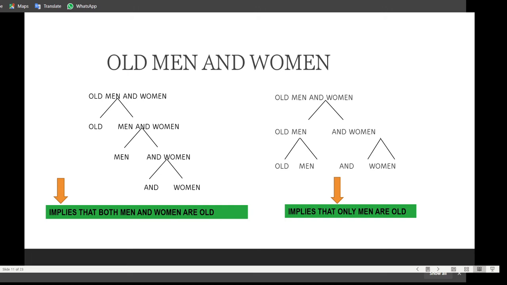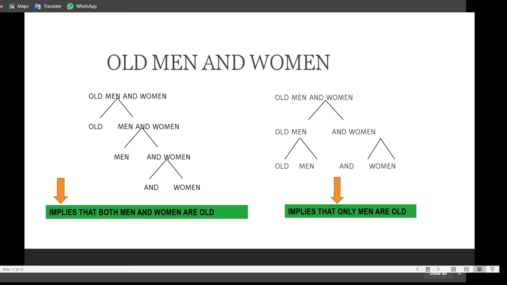If you divide with old as the first part, and men and women together, that implies that both men and women are old. But if you keep old men together, if the first cut is after old men and women becomes the second part, that means only men are old. So different layers of meaning in a sentence are brought out using this method of IC analysis. That is one of the merits.